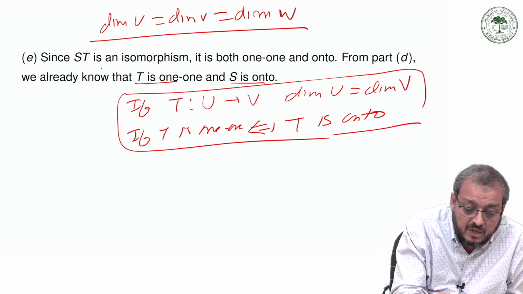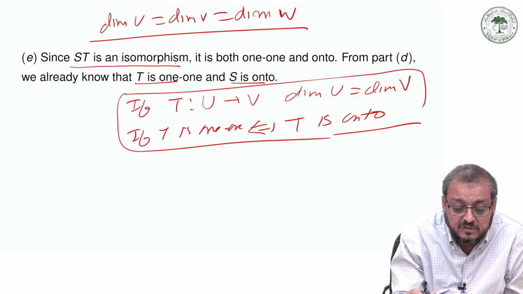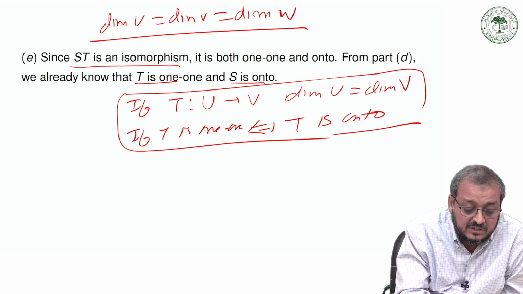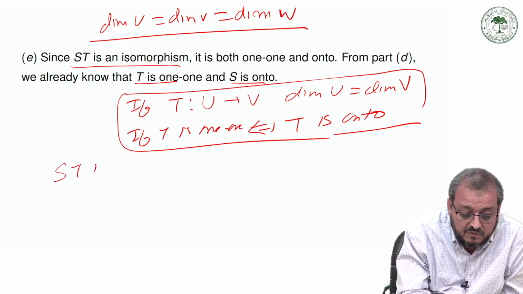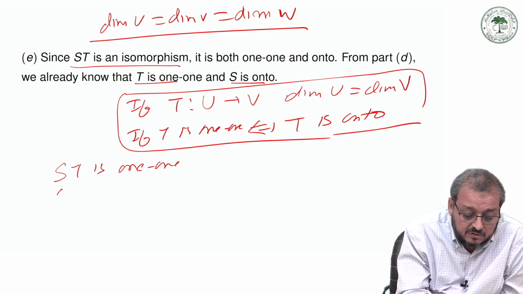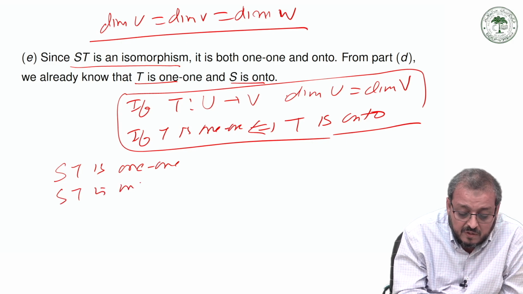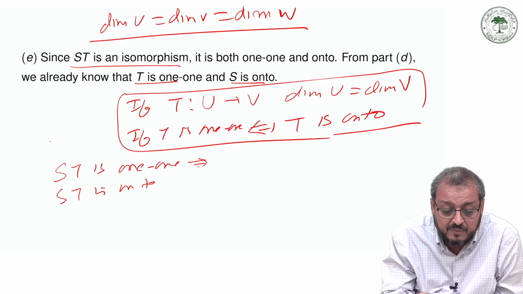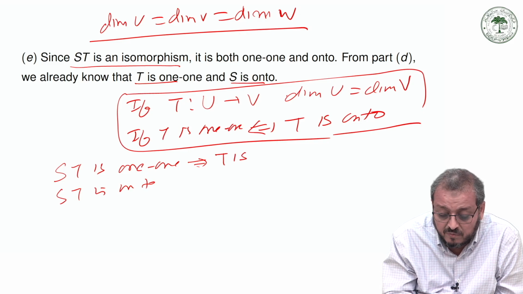Okay, so now because ST is an isomorphism, we have it as given. In the previous result, we showed that if ST is an isomorphism, it means ST is 1-1 and also ST is onto. If ST is 1-1, this implies by part D that T is 1-1.